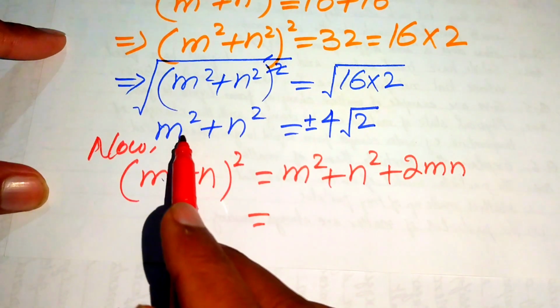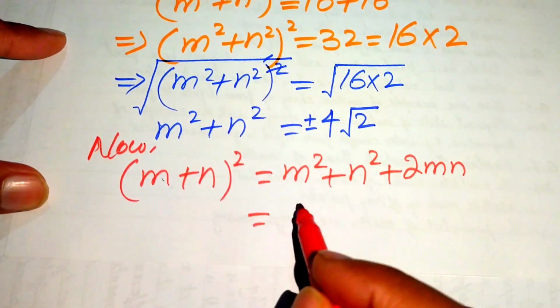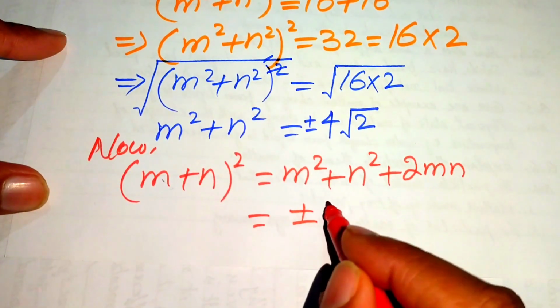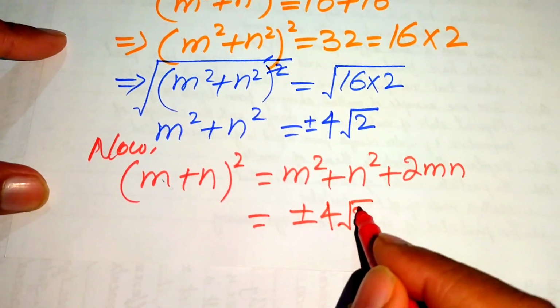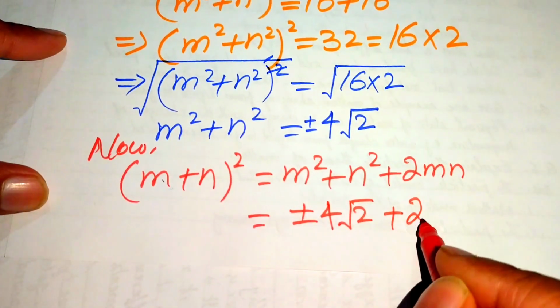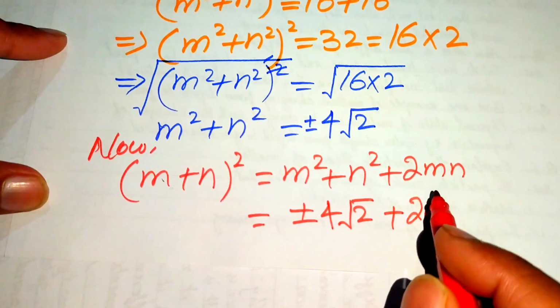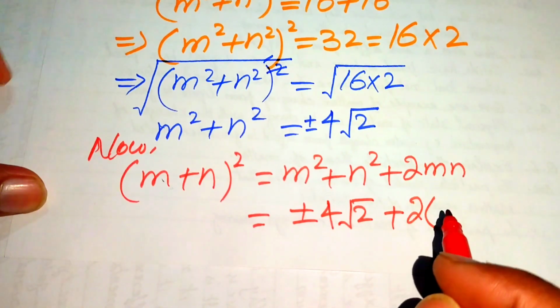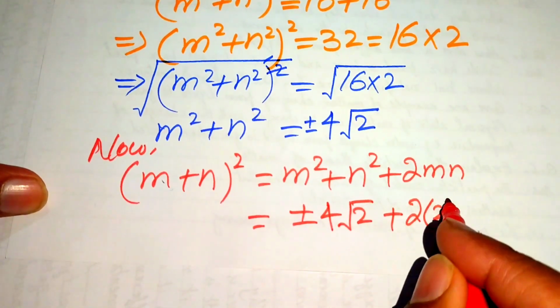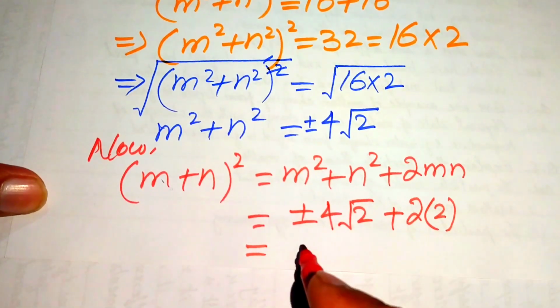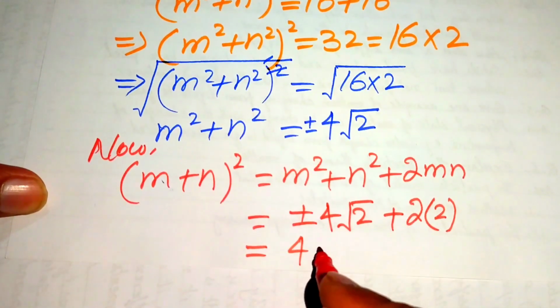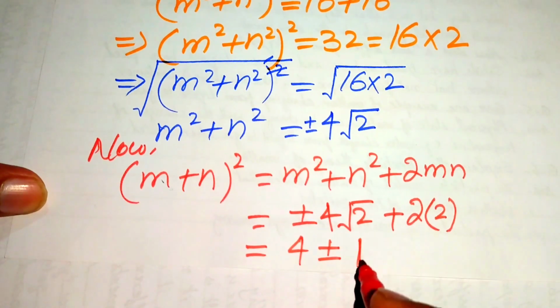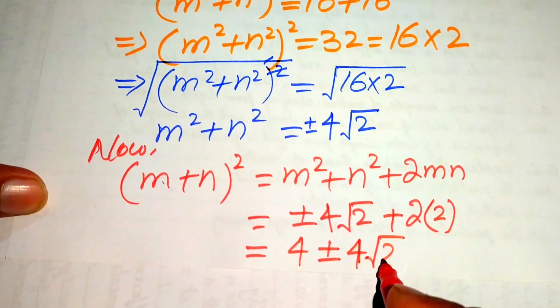We have the value of m square plus n square as plus minus 4 square root of 2, plus 2 times mn, and from equation number 2 we have the value of mn equals 2.